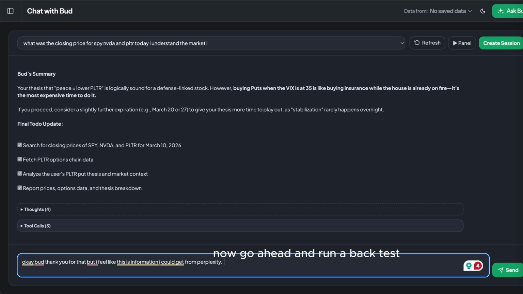So okay, now go ahead and run a back test for me for the past 24 months. Now it's going to have to use a shell command here, which is basically programming this back test. 24 months, and show me how a long put strategy on PLTR would play out.